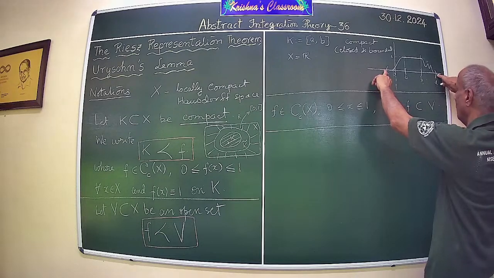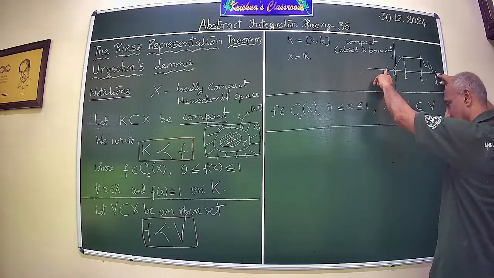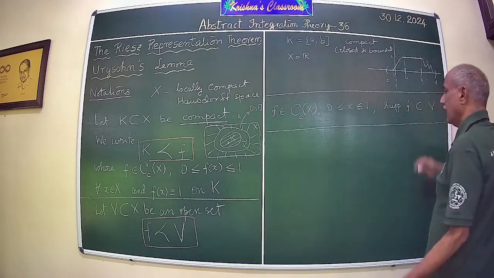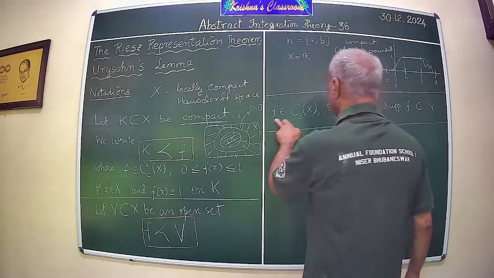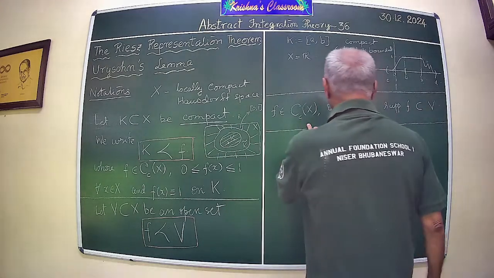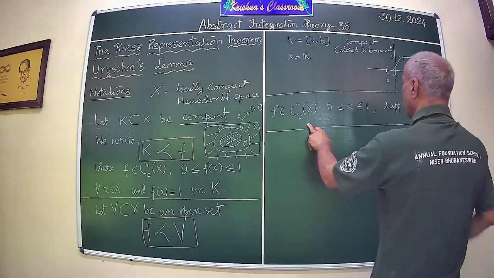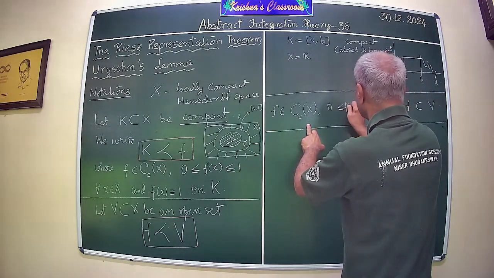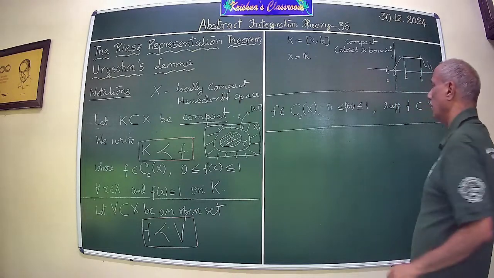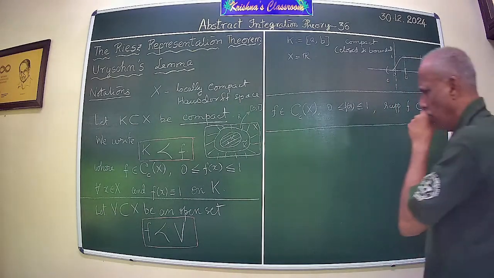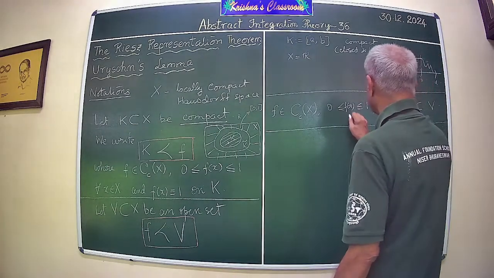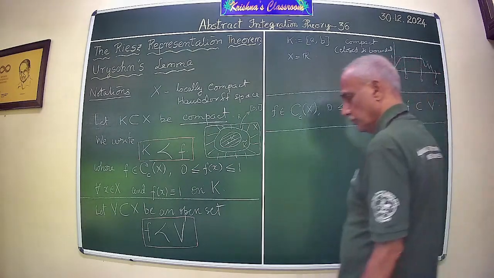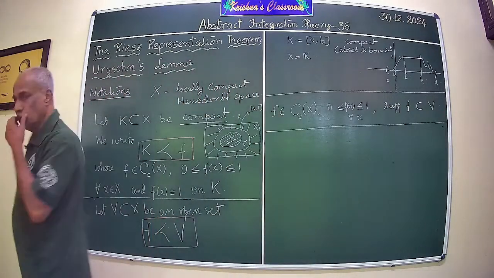What we mean by this notation is that there is a continuous function with compact support on X, here R, with 0 less than or equal to F less than or equal to 1 for every x, and support of F is contained in V. Okay, then you use this notation.